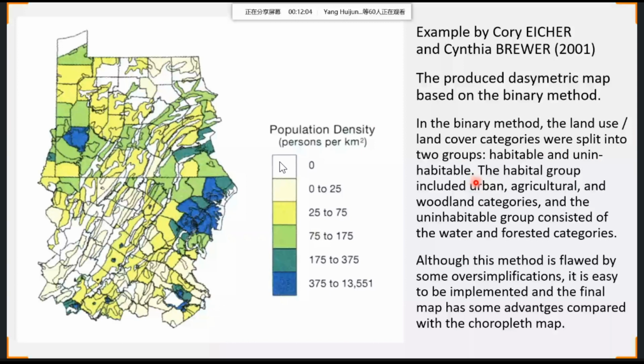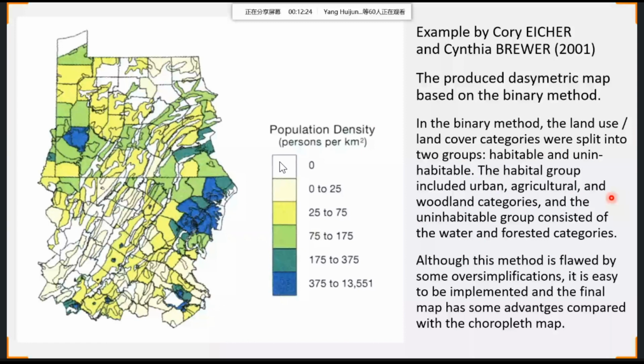The habitable group included urban, agricultural, and woodland categories, and the uninhabitable group consisted of the water and forested categories. And you see that this is, of course, only a very coarse rule.